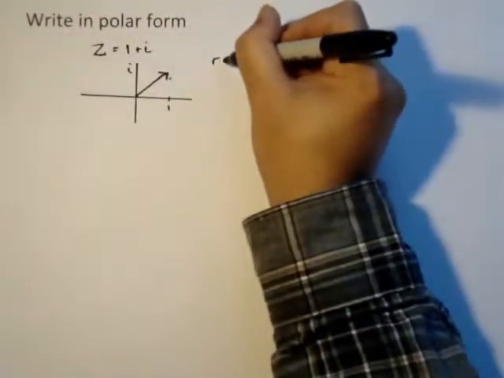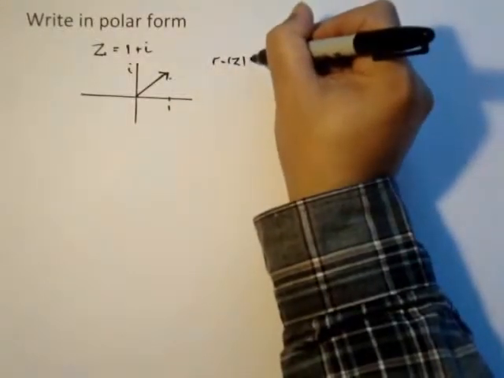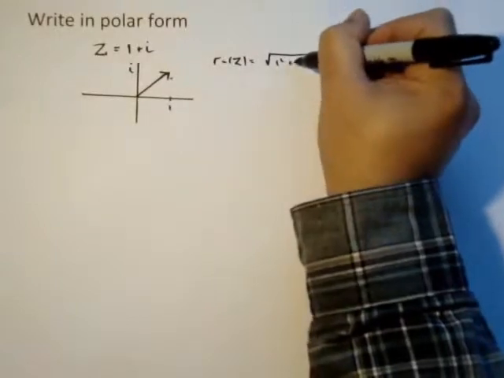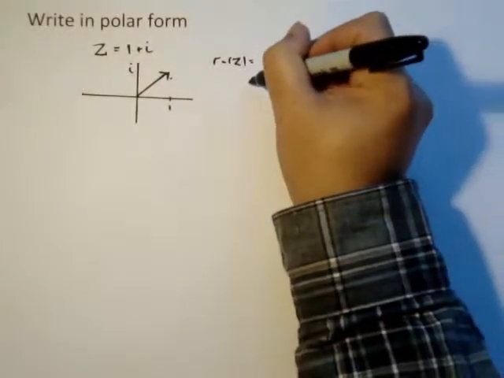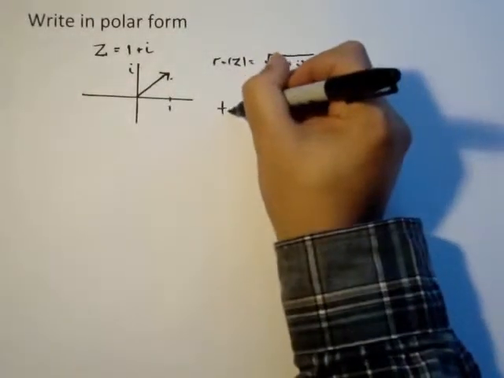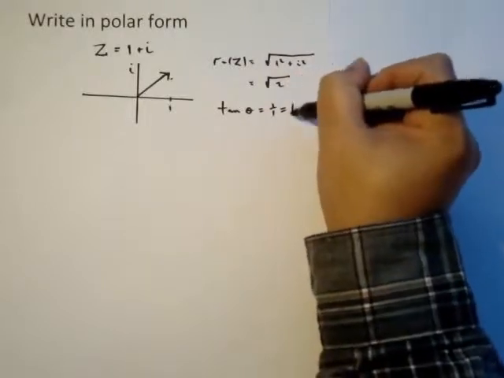So our r, or our mod z, would equal the square root of 1 squared plus 1 squared, which is the square root of 2. Tan theta equals 1 over 1, which is 1.